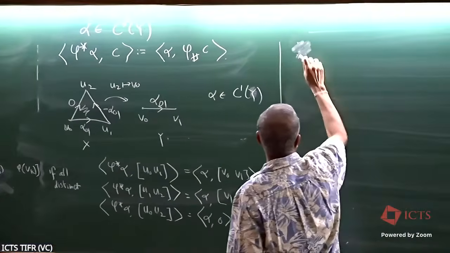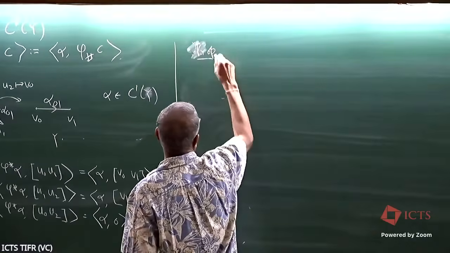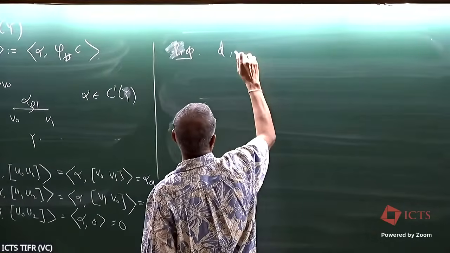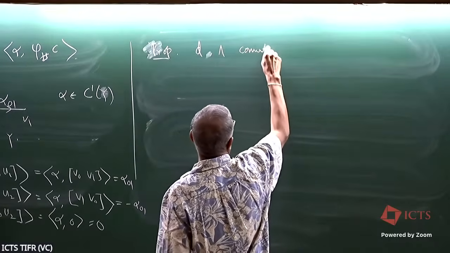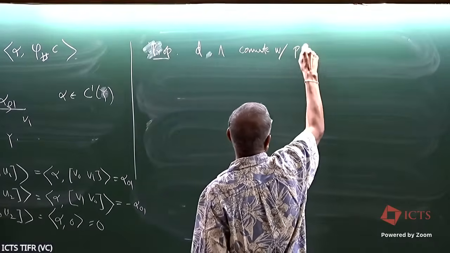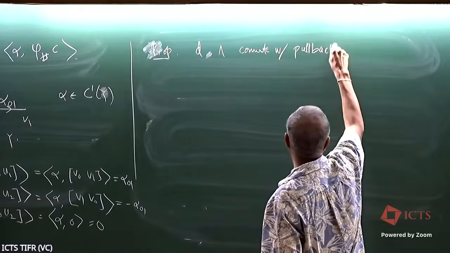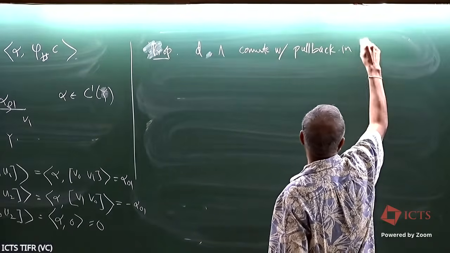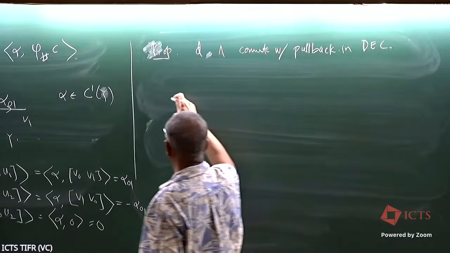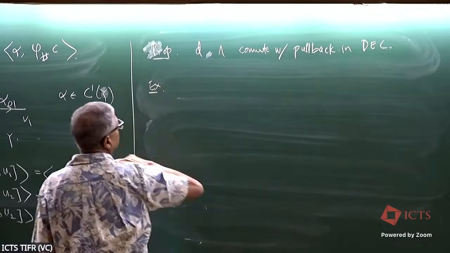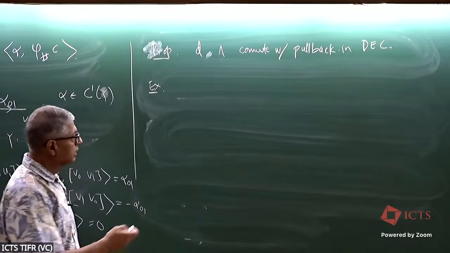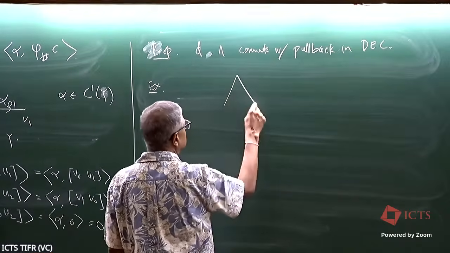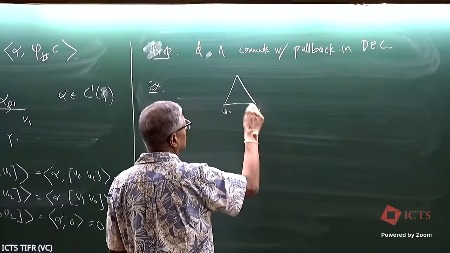And this is enough to do the final example, which is to show you that, first proposition, the discrete D and wedge commute with pullback under simplicial maps. And an example of this is, let's try to do, right, so we'll take the same guy, U0, U1, U2.